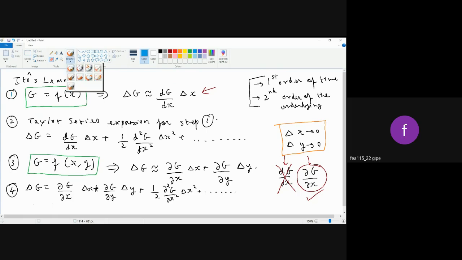So can I also write this as dg is equal to dabba g by dabba x into dx, and we have dabba g by dabba y into dy. So I've just applied these small limits, that is delta x and delta y are tending to 0. This is something which we'll just park aside. For the moment, I'm going to name this as equation A, something which we'll use later on.